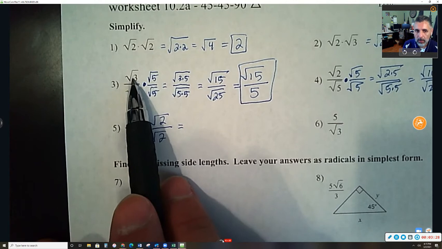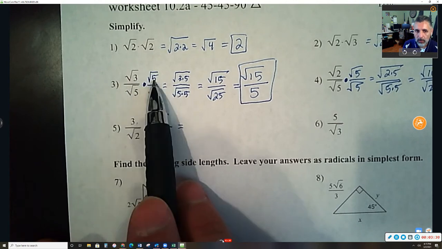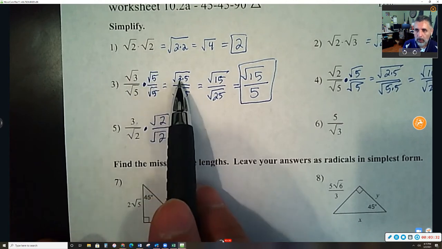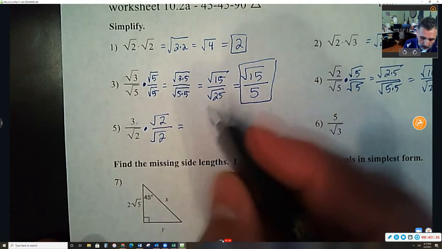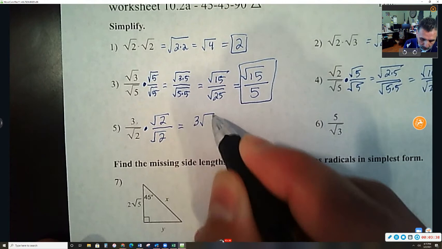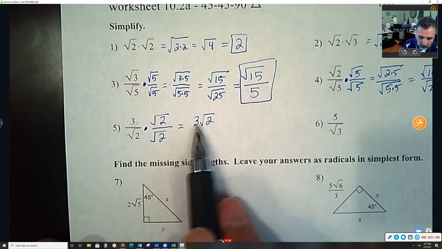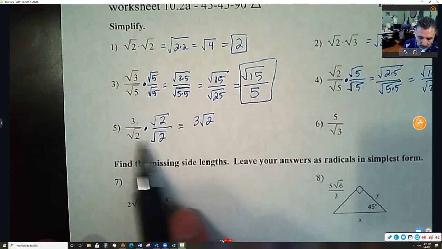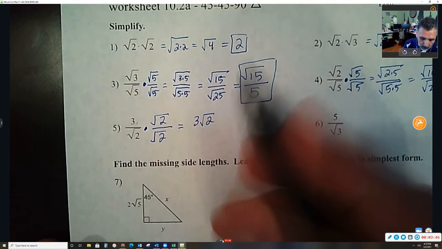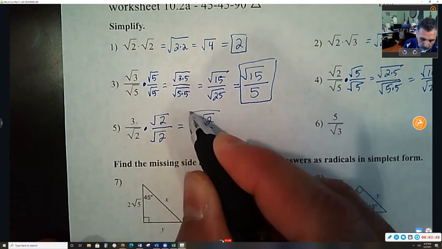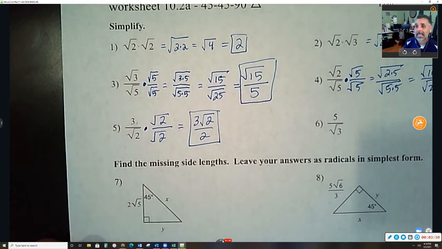Because see, this is the square root of 3 and that's the square root of 5. So you can put them both underneath one square root. This is not a square root. So all we do here is rewrite it as 3 times the square root of 2. And then this, I've already simplified this up here. I know this equals 2, so I'm just going to put 2 down here. Okay, I kind of skipped this step.